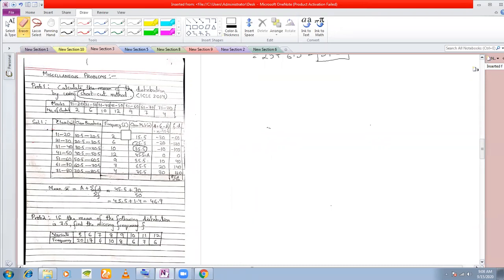Now what do you do in your deviation method? You multiply the frequency and the deviations. So for each row, you multiply your frequency and the deviation.